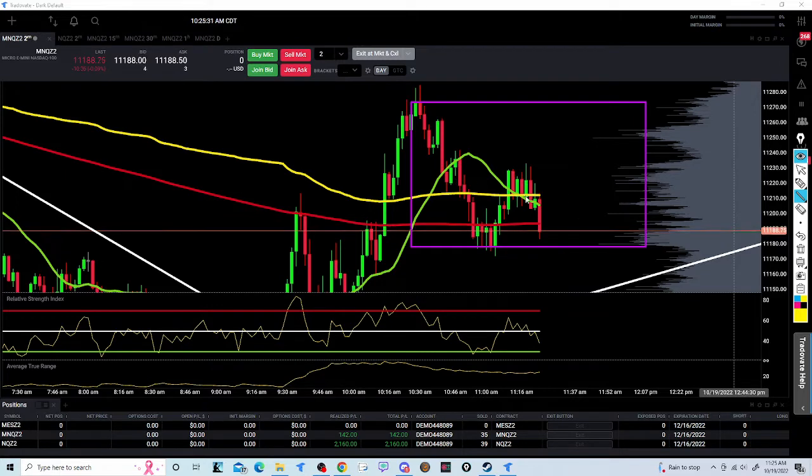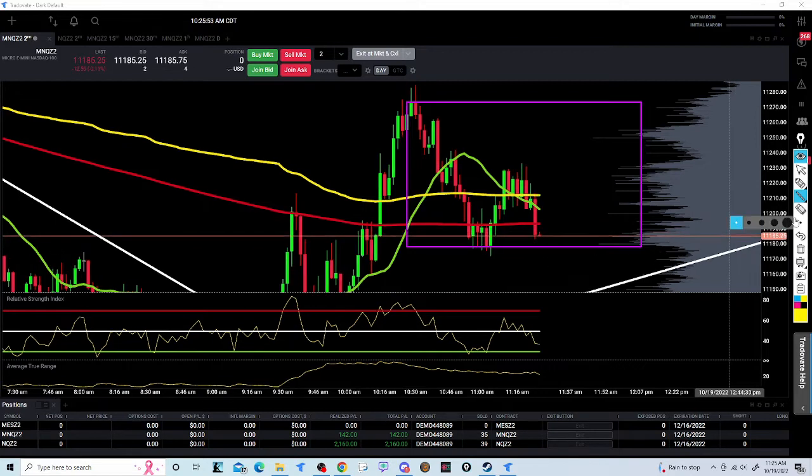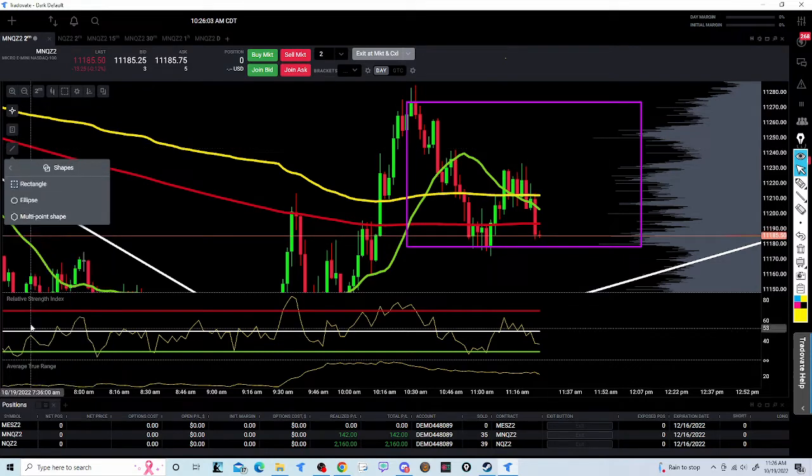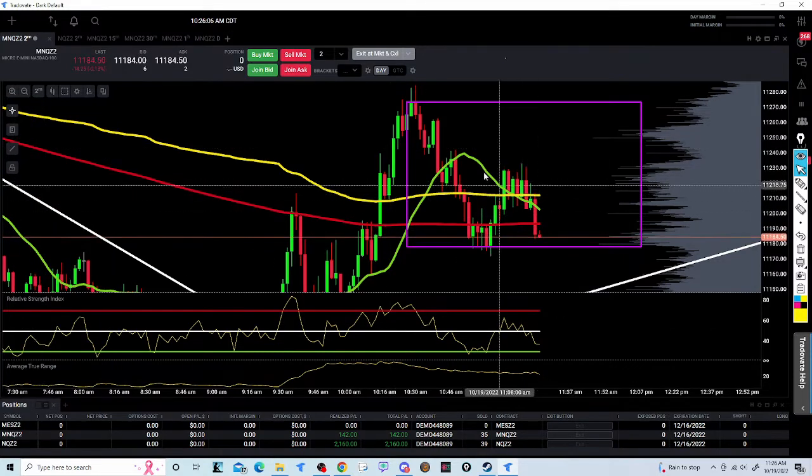Now that we have what appears to be a sideways movement or a range, we want to go ahead and mark off a no trade zone. And what is a no trade zone? A no trade zone is exactly what it sounds like. It's an area in a range where we will not trade.